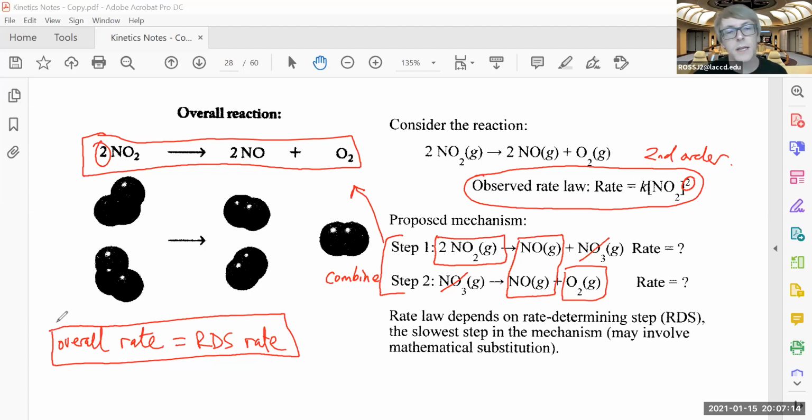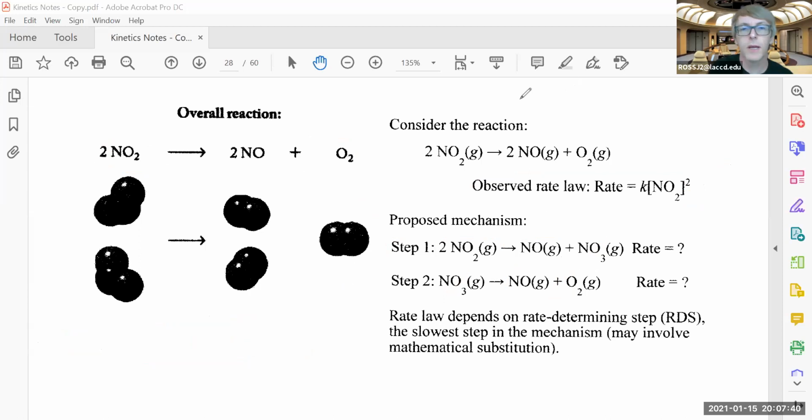So basically, the overall rate is only as fast as the slowest step. I don't want to get ahead of myself with these notes, but keep this in mind. This is definitely something I would retain in my gray matter if I were you. So overall, the rate is only as fast as the rate determining step. Okay, let's scroll onwards.